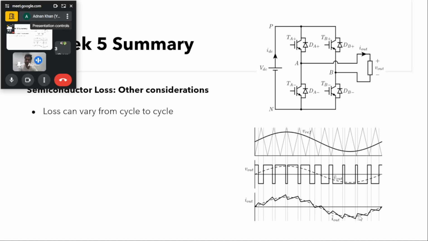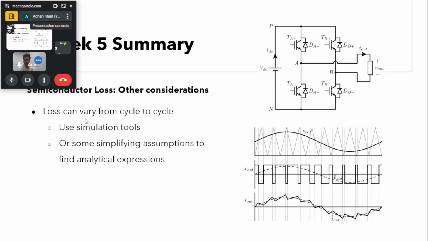Compared to the DC-DC converter, we had a constant average value, and over that average value we had a switching ripple. If we assume that the switching ripple is 0, then our current was equal to the average of the inductor current flowing through the device in case of the buck converter. So calculating these switching losses here is a bit tedious.